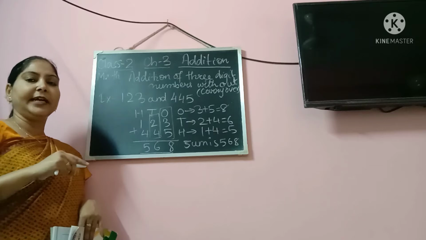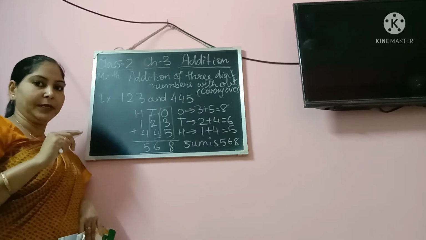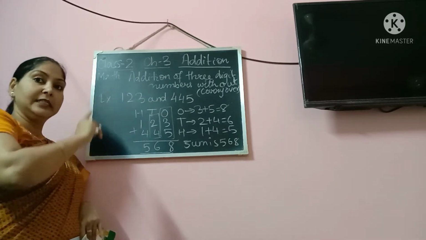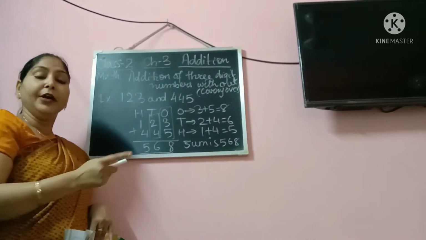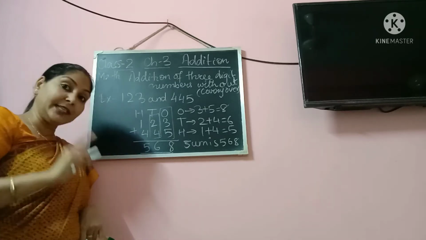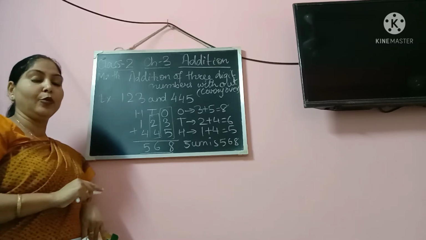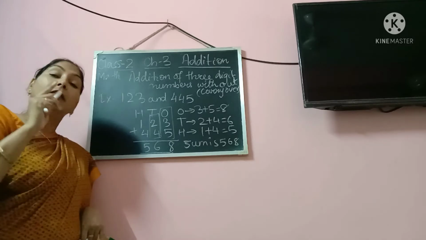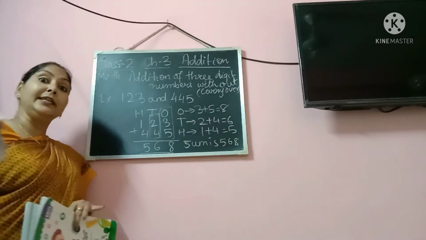Now you have learned this kind of sum in your previous class by using 2-digit numbers, right? Now we are learning 3-digit number without carrying over sums. Addition of 3-digit number without carrying over. Before this we have learned addition of 3-digit number with carrying over. Alright. Now the next topic we are going to learn is addition of 3-digit numbers.